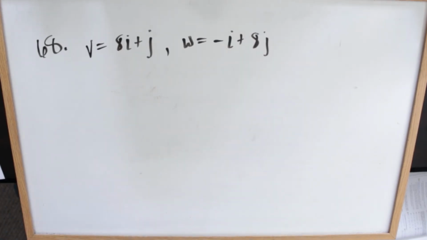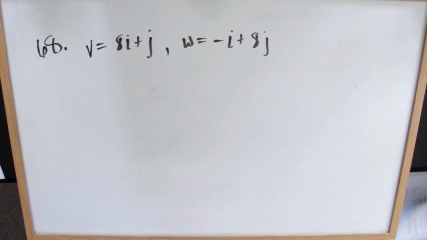Okay, so here's what we have. We need to find the angle between these. To do that, there's actually a cool example back, I believe it's on page 322. We actually are going to use the cosine. The cosine of the angle is equal to the dot product of the two vectors divided by the multiplied magnitudes.